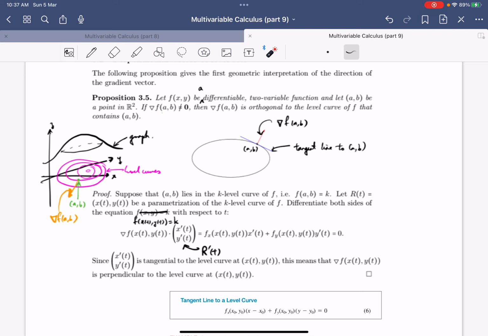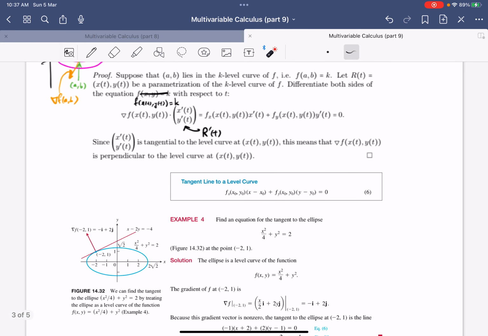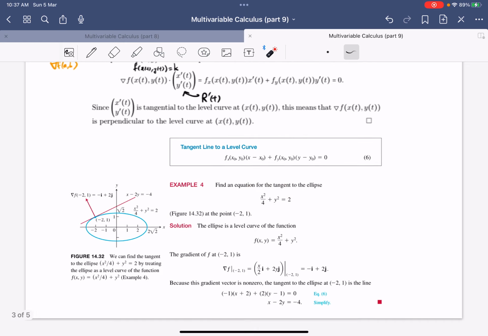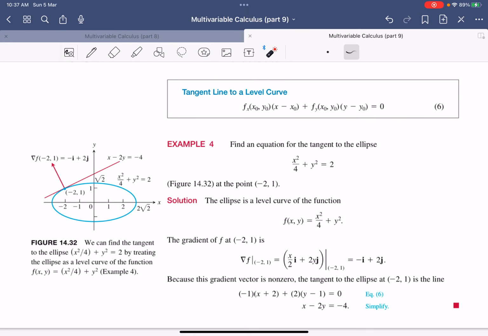And with that, we are able to calculate the tangent line to the level curve easily now. Let's take an example to illustrate our point. We want to find the equation of the tangent line to this ellipse. We can just take this ellipse to be the level curve of this function equals 2.